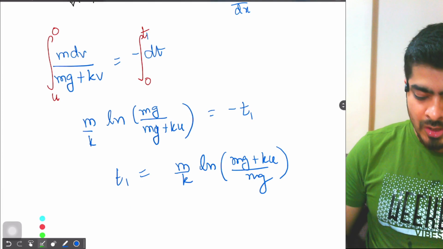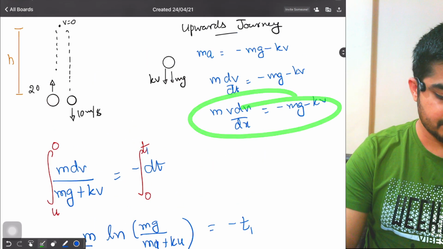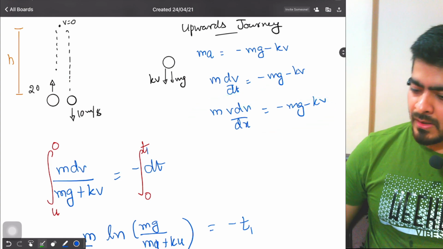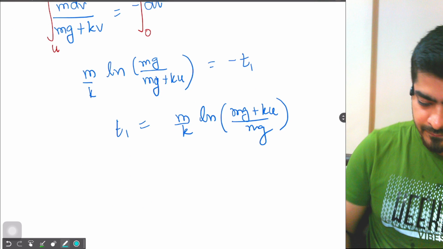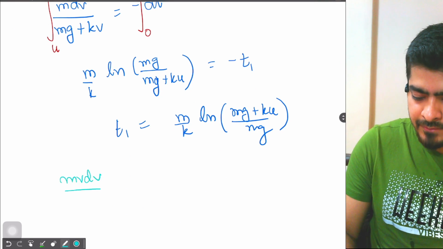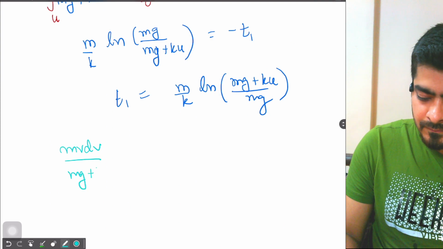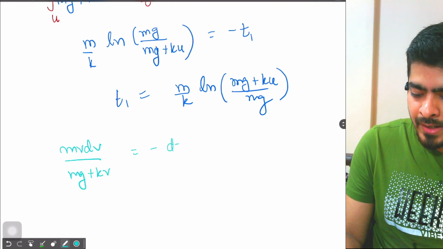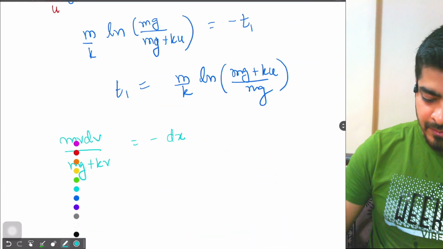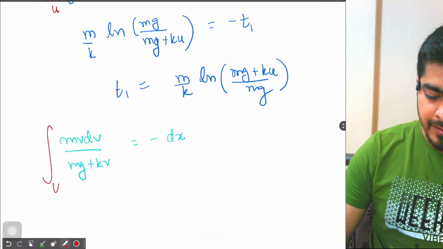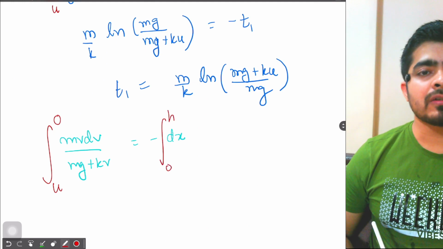Now we will integrate the other term. So we have mv dv divided by (mg + kv) equal to -dx. What are the limits of integration? Again, u to 0 and 0 to h.